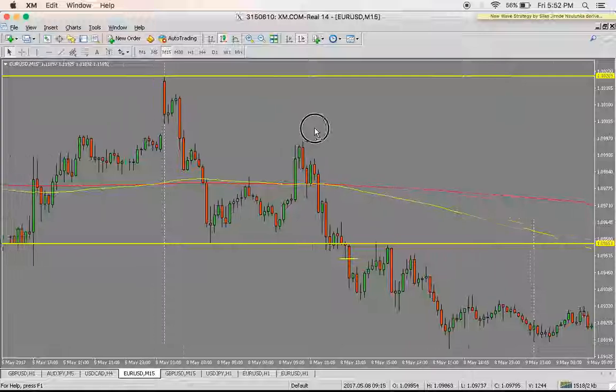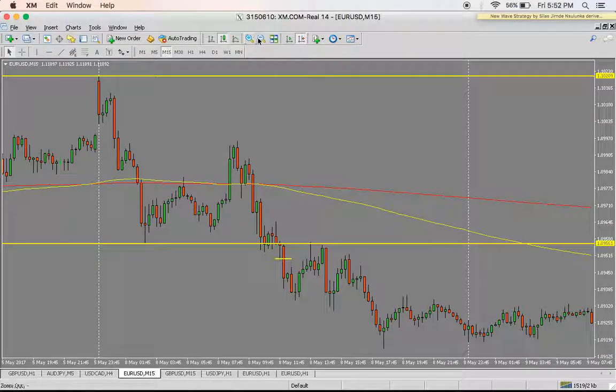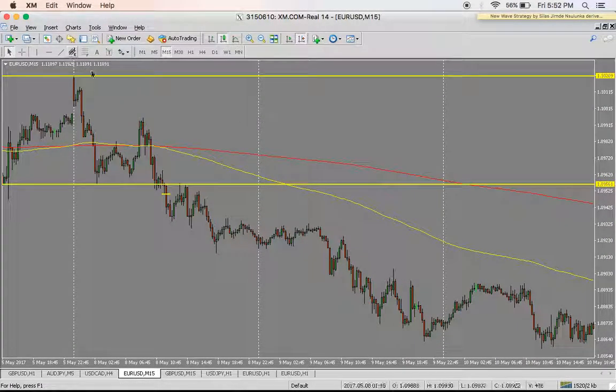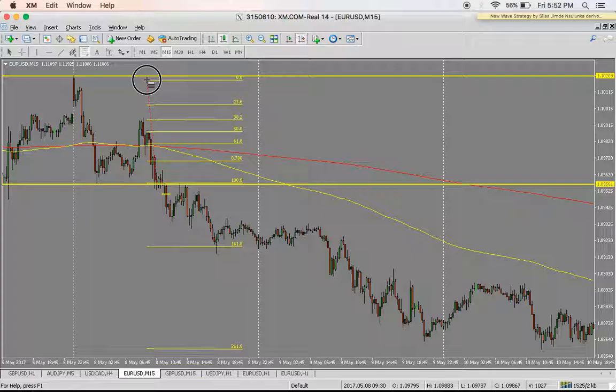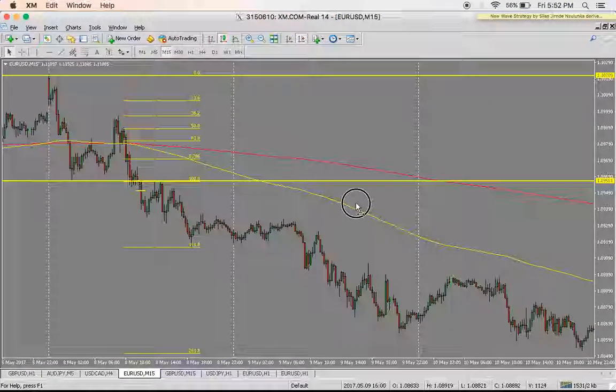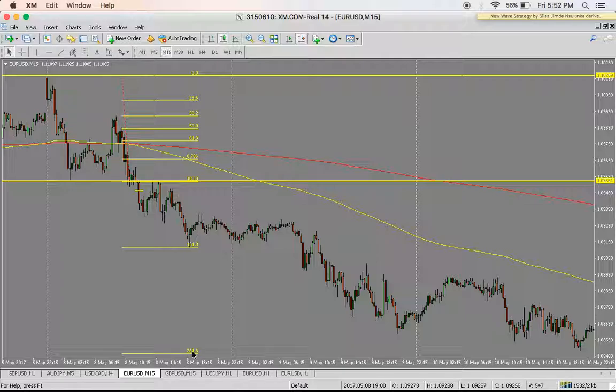Alright, if we did the Fibonacci, the exit will be a bit further down. So let's just do the Fibonacci right here. So our take profit would have been somewhere down here, right? Remember, you're not just looking for the 423.6, right?